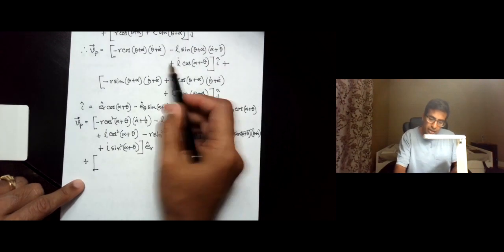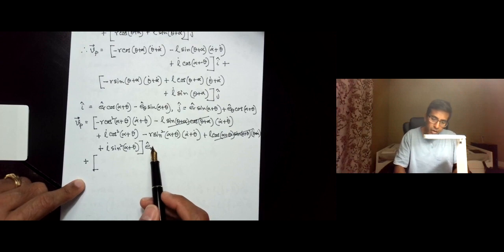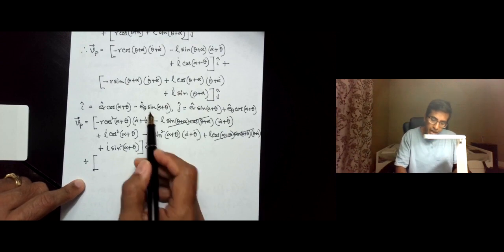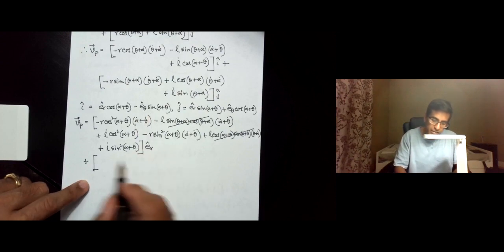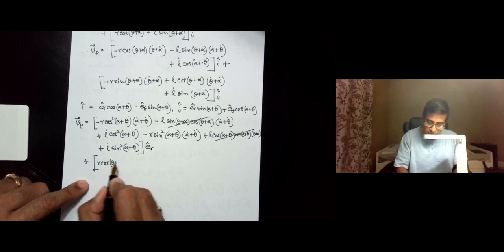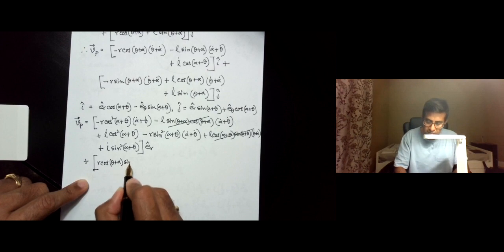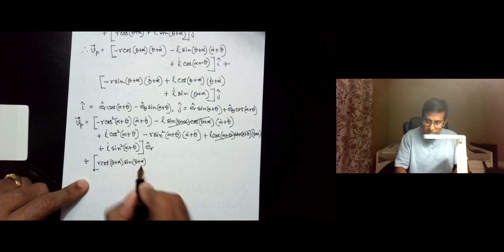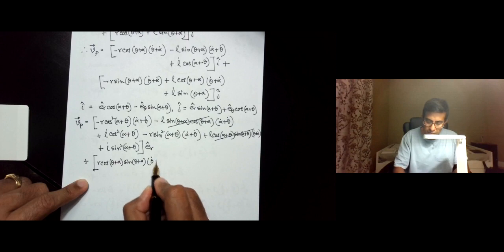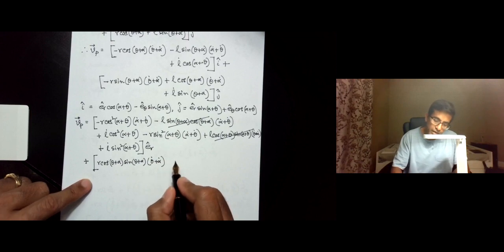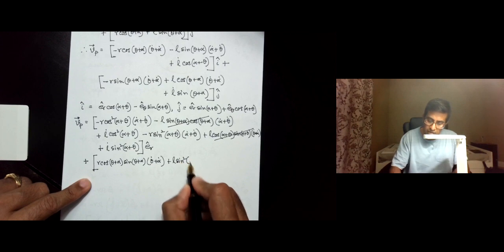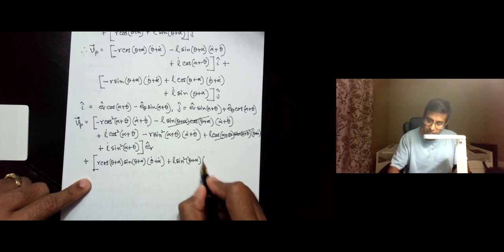So we go to the component in the I direction and multiply with minus sine theta plus alpha. So we'll have R cosine theta plus alpha times sine theta plus alpha, theta dot plus alpha dot, plus L sine squared theta plus alpha, alpha dot plus theta dot.